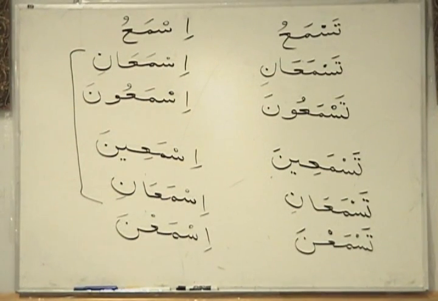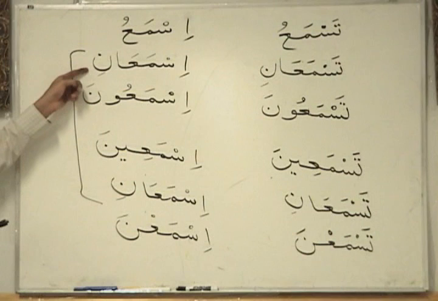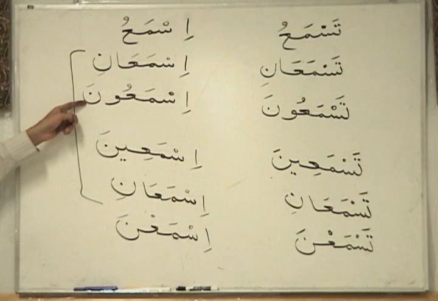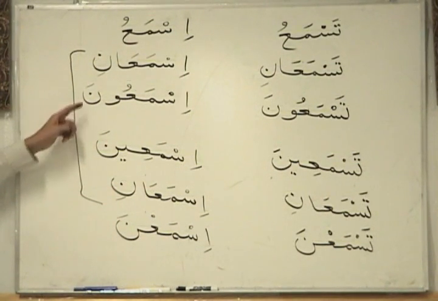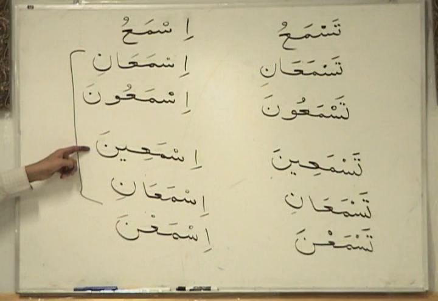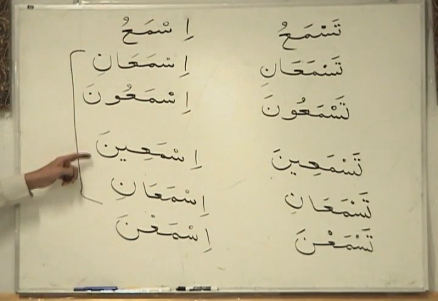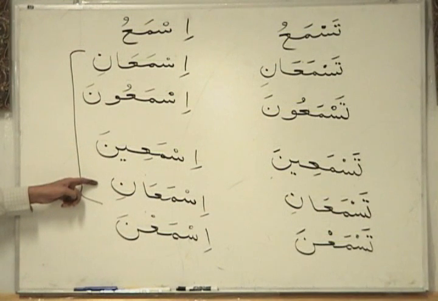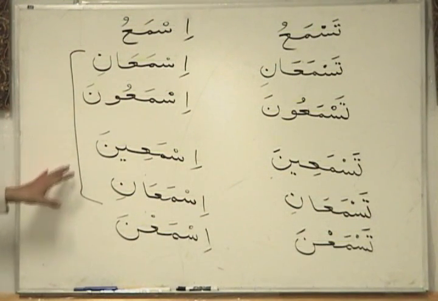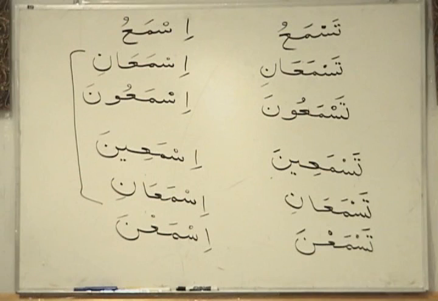What do I mean by the middle four? Second person, masculine dual, second person, masculine plural, second person, feminine singular, and feminine dual. So these four, get rid of the noon.